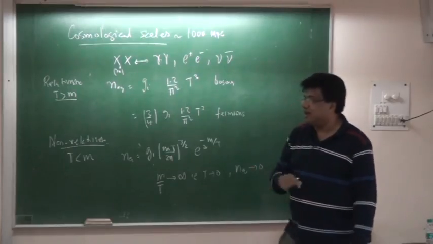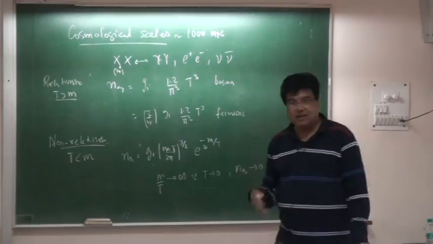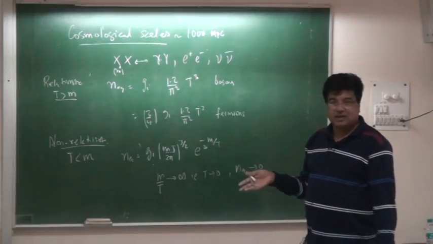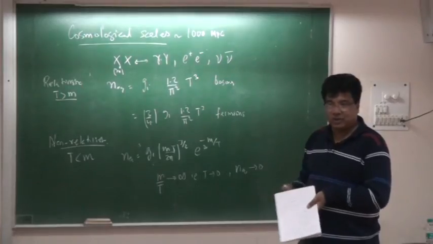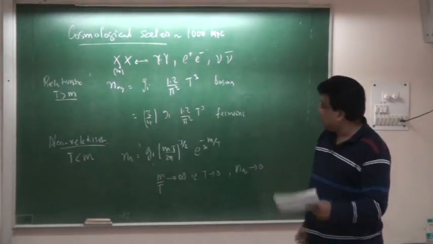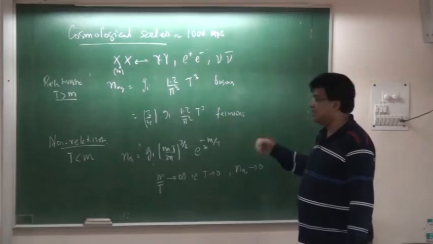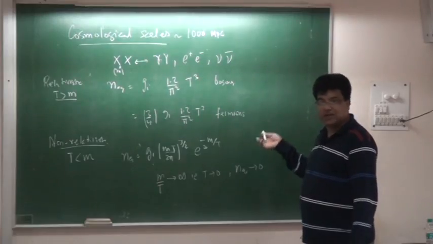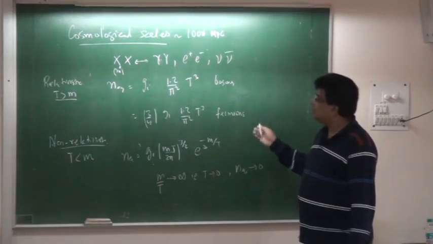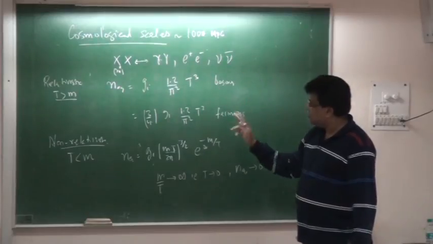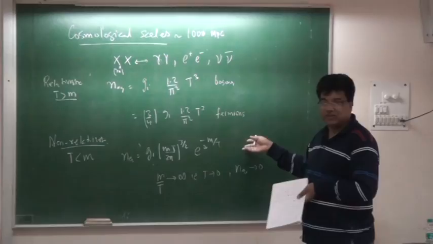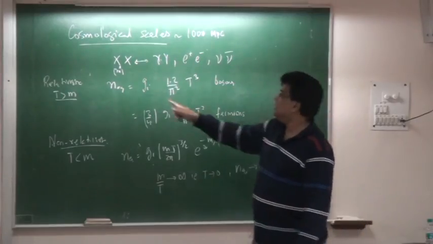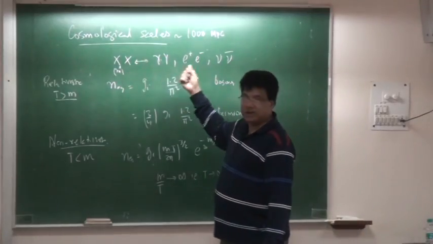So you should not expect any particles to be non-relativistic if they were always in thermal equilibrium. The only way to break this, to get some non-relativistic particles in the present epoch, is that they should stop interacting. The interaction should be ineffective, so that they do not annihilate and become lighter particles.